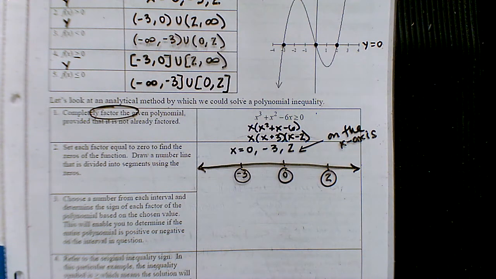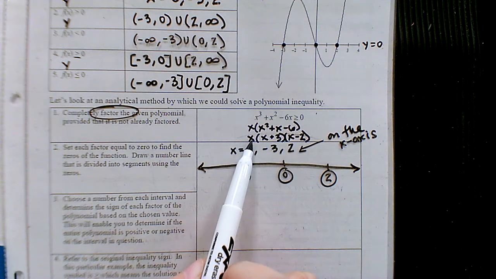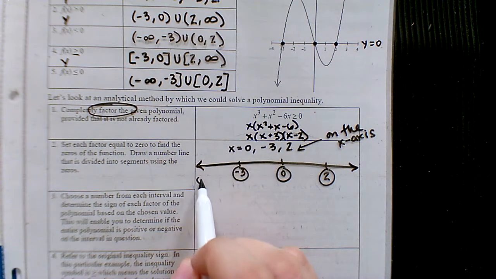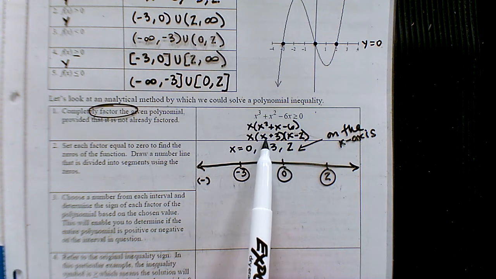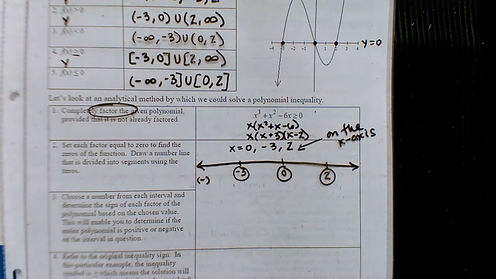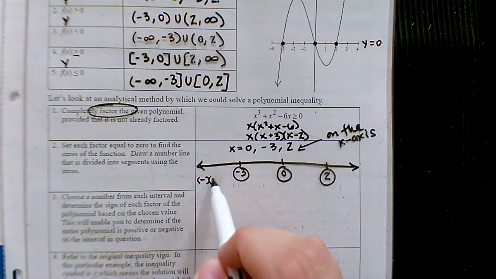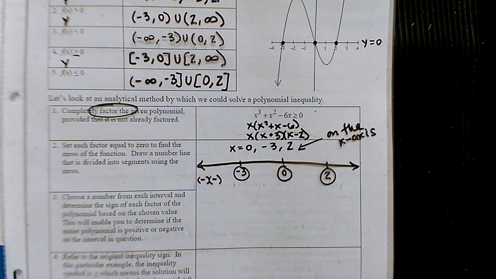So we're going to take -4 and we're going to plug it into the factors that we found from the polynomial. So if you plug in -4 into x, that's a negative value. Remember, for absolute values, we were only concerned about the sign. We didn't really care what the number was. Same thing going on here. If you were to plug in -4 into the next factor, -4 plus 3, that would give you a negative value.